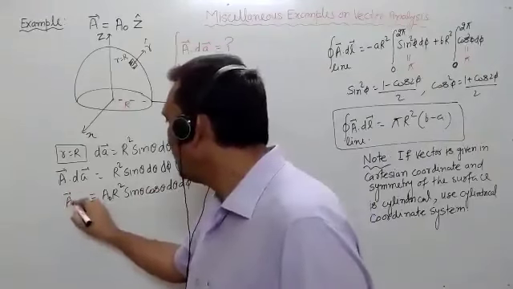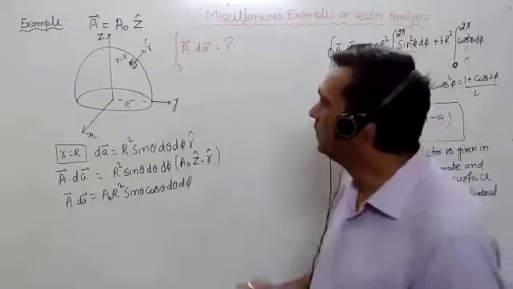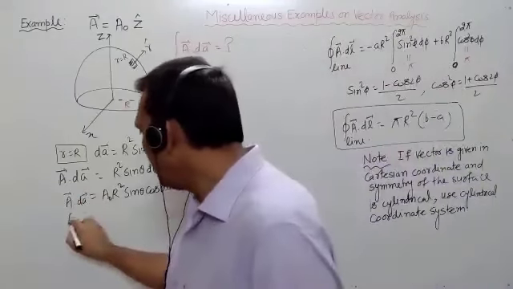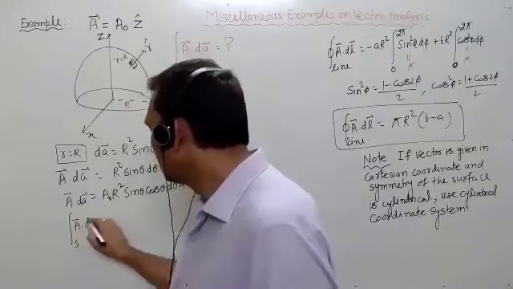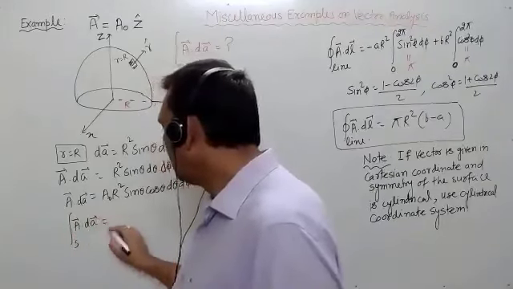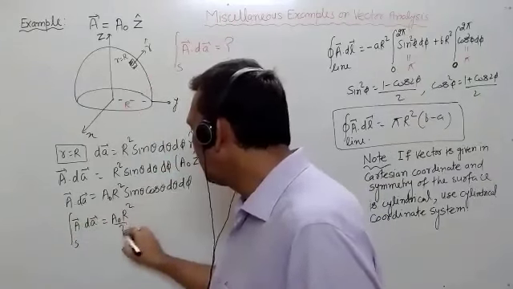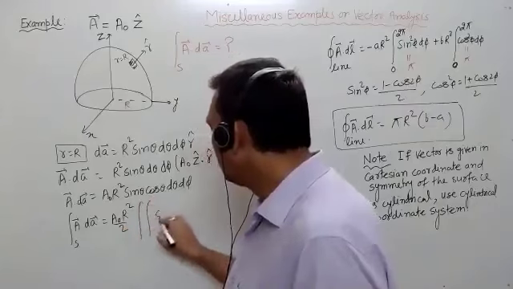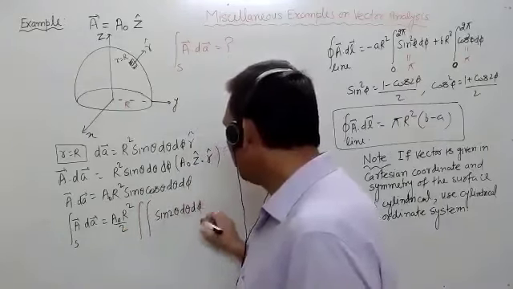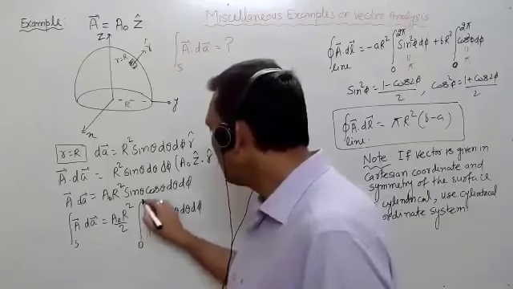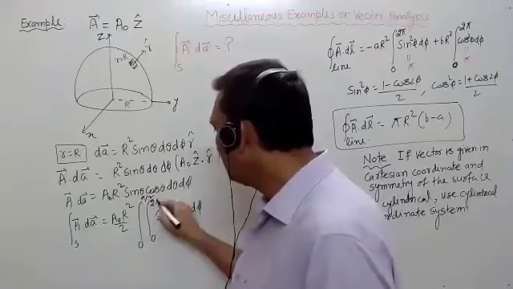So you have converted A dot dA in spherical polar coordinates. Now the integral will be A naught R square by 2 common, take it out, sine 2 theta d theta d phi. Theta will be 0 to pi by 2 and phi will be 0 to 2 pi.